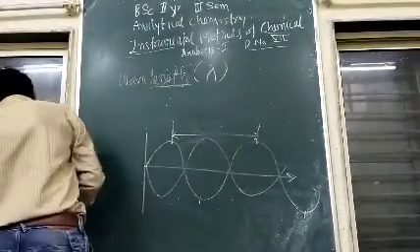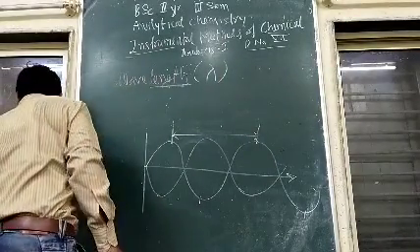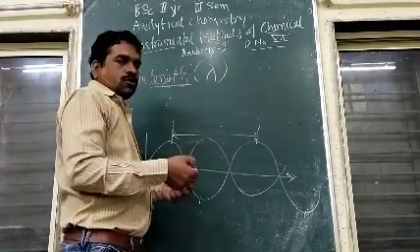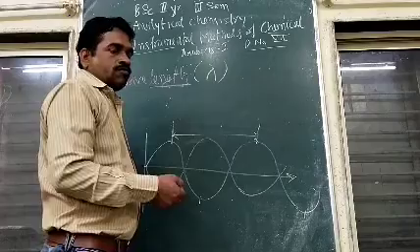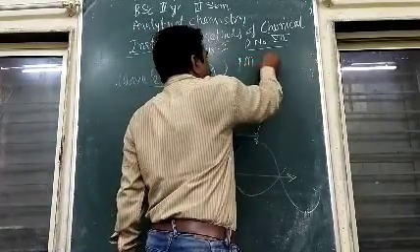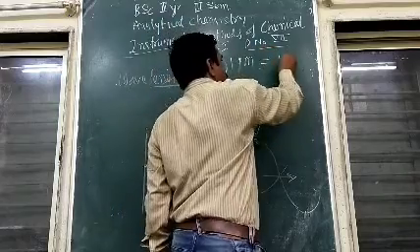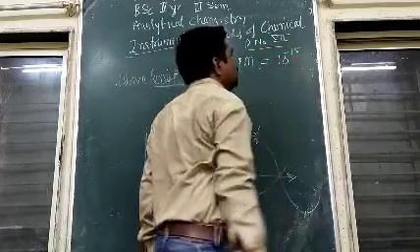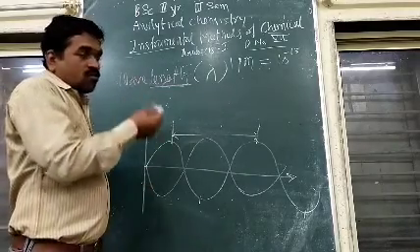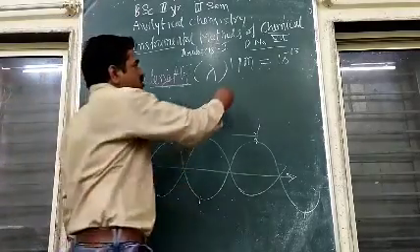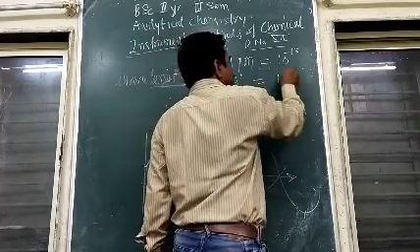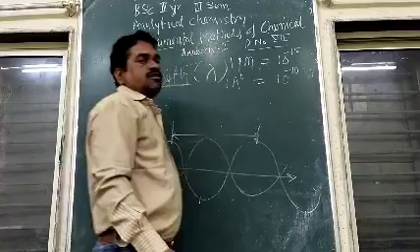Picometer is generally not used to represent wavelength, but 1 picometer is equal to 10 raised to power minus 12 meter. Then a somewhat longer unit of length is the angstrom unit; 1 angstrom is 10 raised to power minus 10 meter.